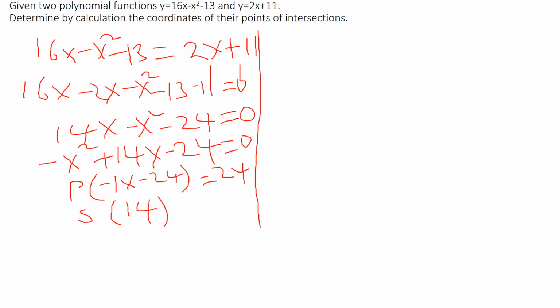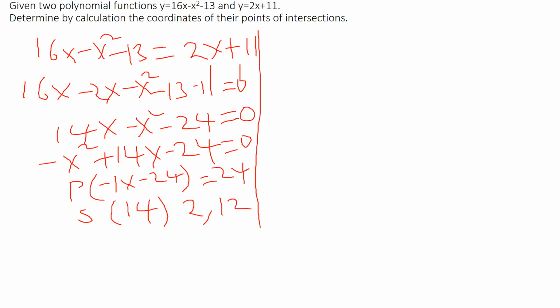So we look for two numbers that we can multiply to get 24 and at the same time add them to get 14, and this one is 2 and 12. So where I have 14x now, I can substitute with these numbers.